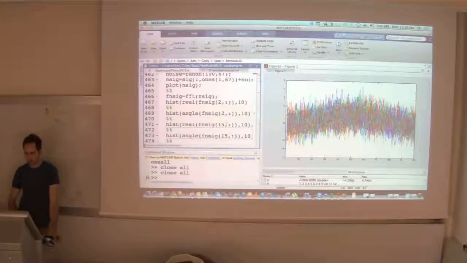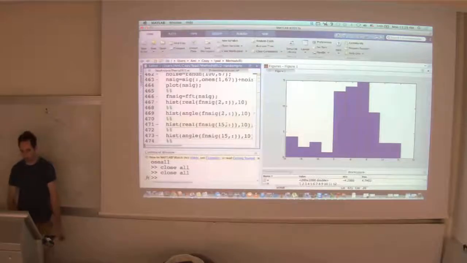Now, when we're talking about faster frequencies, this is the distribution of the higher frequencies, around 15, and we can see that the distribution is not Gaussian. Right now there is more energy at the sides than at the beginning.